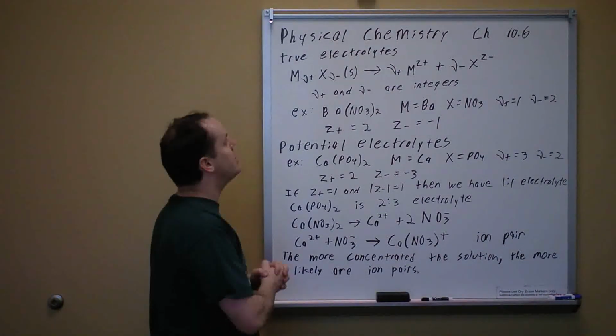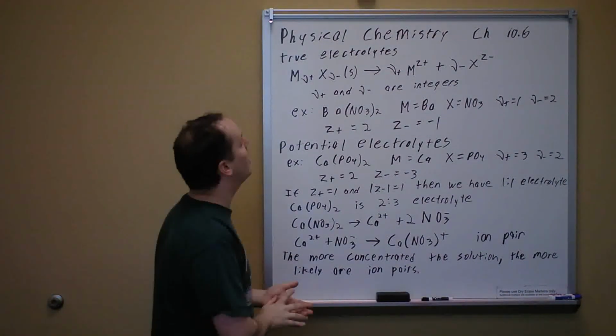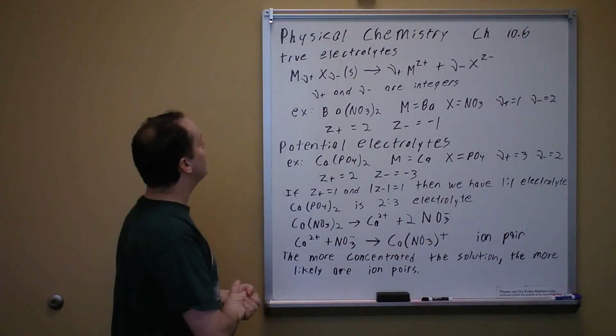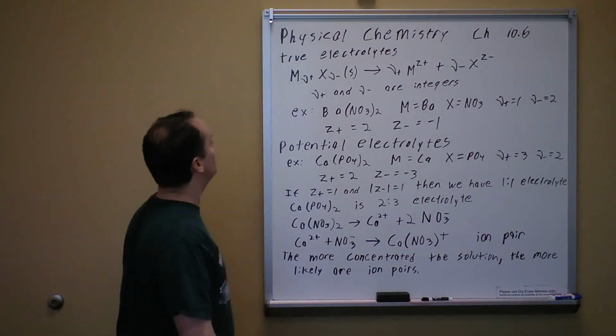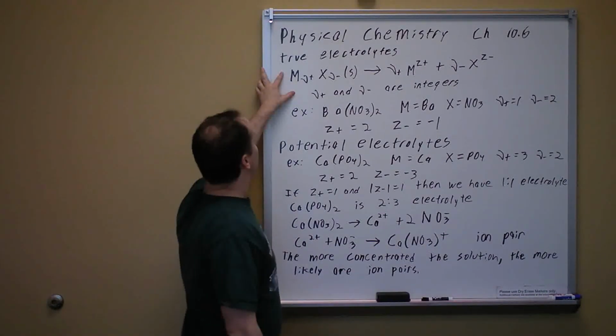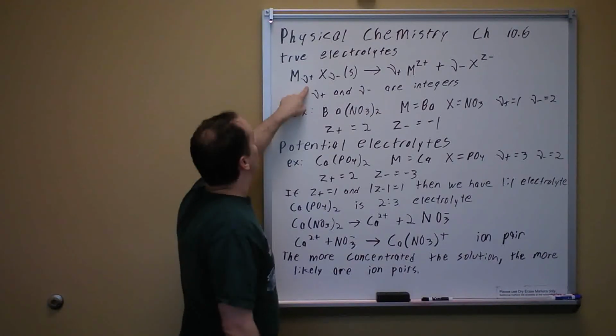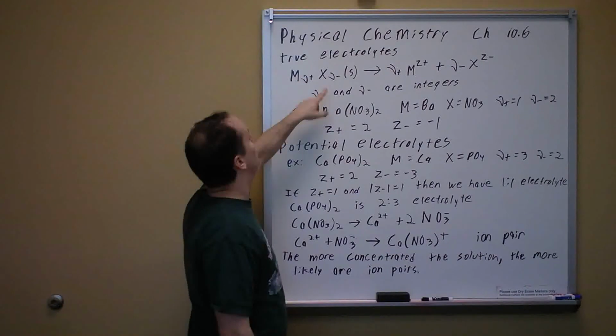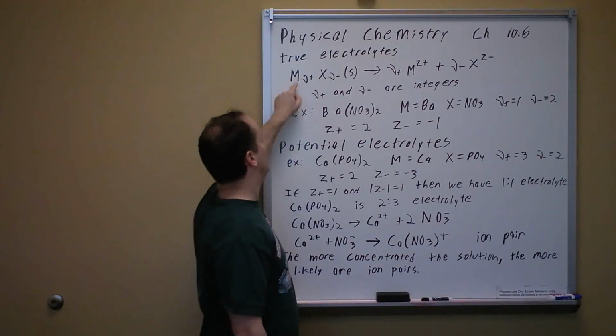Physical Chemistry, Chapter 10. We're continuing with Section 6. We're talking about electrolytes. We already talked about how there are two types of electrolytes, true electrolytes and potential electrolytes. And then we showed you how any kind of electrolyte will be written as the metal and the nu plus, so that's the subscript, the number of each of these.